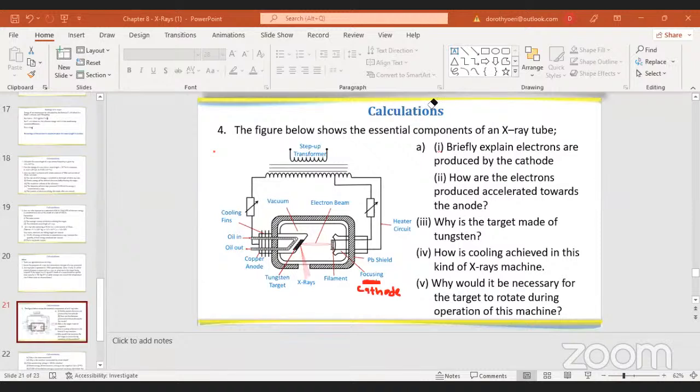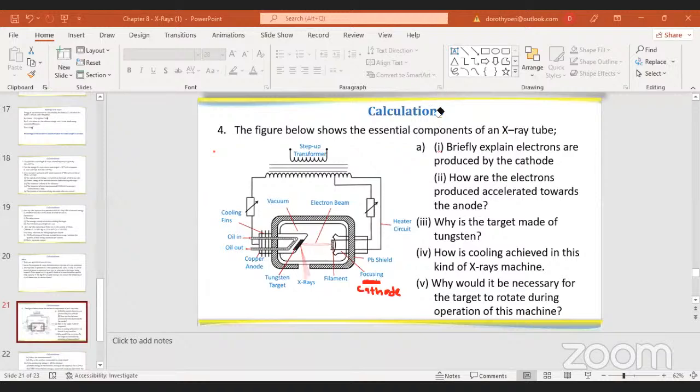But it's good to say thermionic, because we have two types of emission, photoelectric and thermionic. You need to differentiate between them. Thermionic emission, you're using heat energy. Photoelectric emission, you're using radiation.